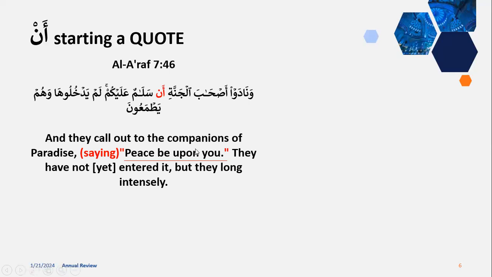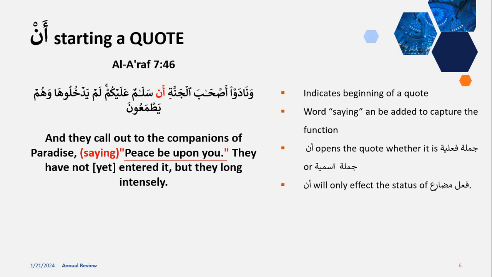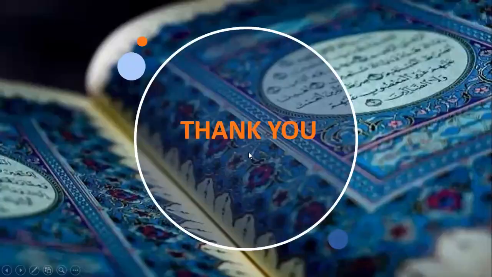It indicates the beginning of a quote, and the word saying can be added to capture the function. Un opens the quote whether it is jumla fi'liya or jumla ismiya. Over here it's jumla ismiya, but it can also open a quote of jumla fi'liya. And un will only affect the status of fail mudari. So if the quote is a jumla fi'liya and has a mudari, it will only affect the mudari. Otherwise, it won't affect it.